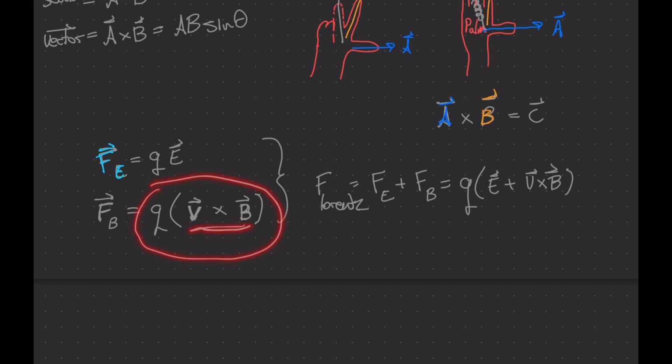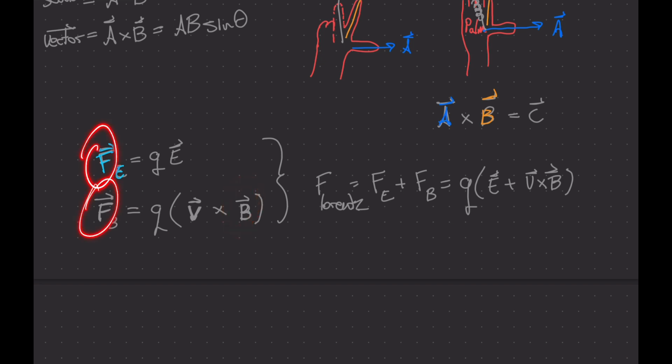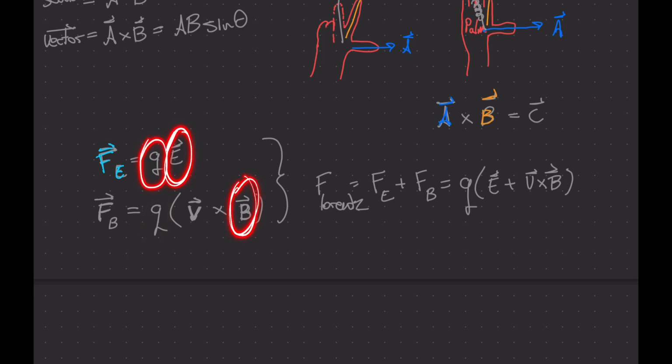You have the cross product, but still you have the charge and the field in question. And you have the force on this side, with subscript E or subscript B for which force it is. Since these two are forces, you can add them together to find the total force, Fe plus Fb. And since you have the same charge, this is the force felt by a charge Q inside a location with both electric and magnetic fields.